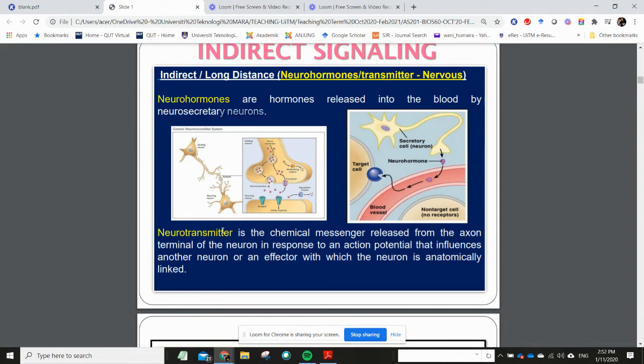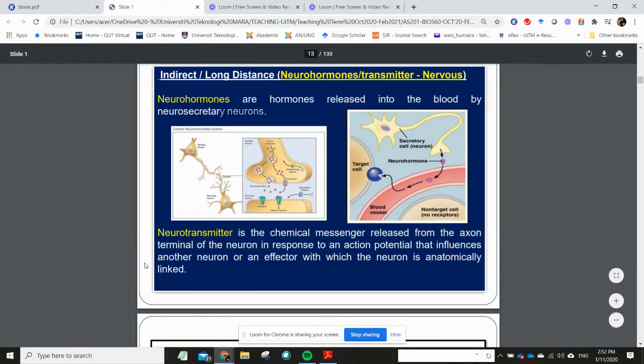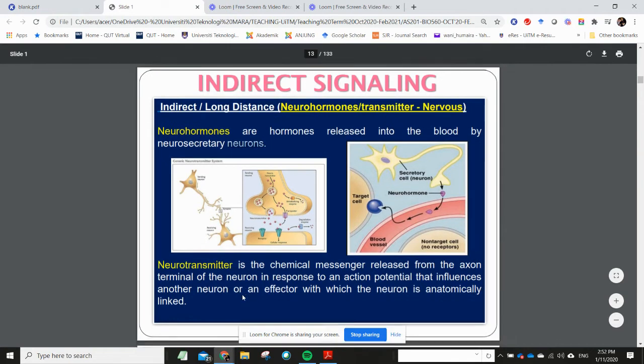Okay. So neurotransmitter is the chemical messenger released from the axon terminal of the neuron in response to an action potential that influences another neuron or an effector with which the neuron is anatomically linked. So neurotransmitter is also an example of neurohormones, because it is released or secreted by the neurons, and it causes effect to the target cells.